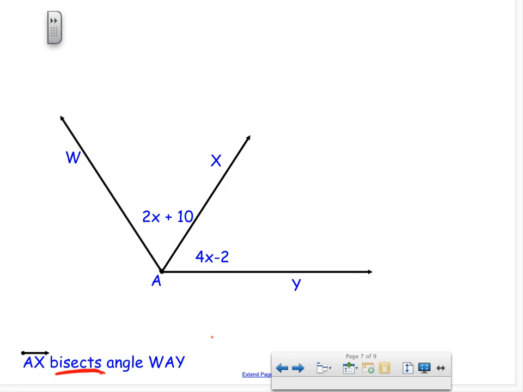Since this is a bisector, it means these two angles are congruent to each other. And yes, these little single arcs indicate that congruence visually for us. So I'm going to take these two algebra expressions and I'm going to set them equal to each other and solve the equation.